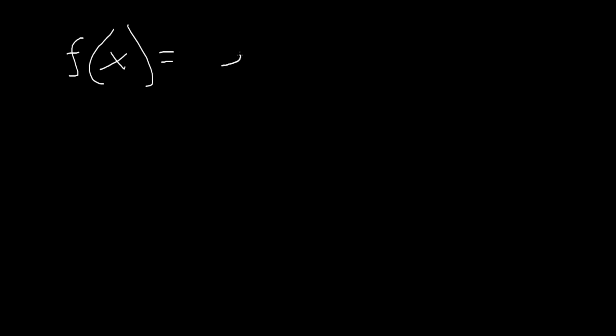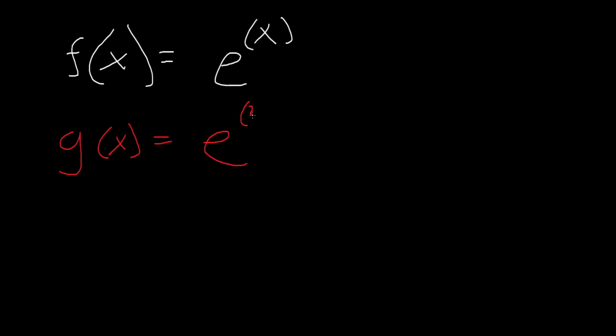So let's say I've got e to the x. This is one that tends to bother some people. So I'm going to go ahead and write it as e to the x. So let's say this time that, instead of them being on the outside, we're going to put it on the inside. So we'll put 3x right there. Okay. So if we were doing a vertical stretch, it would look like 3 times e to the x.